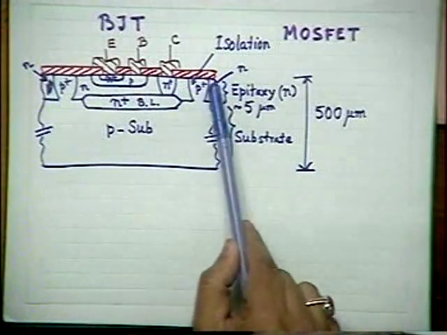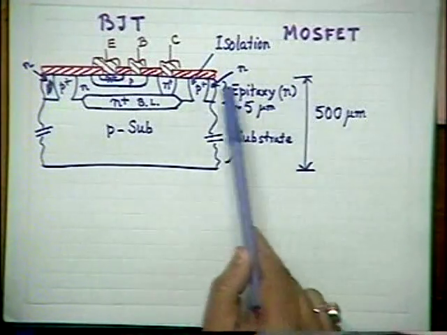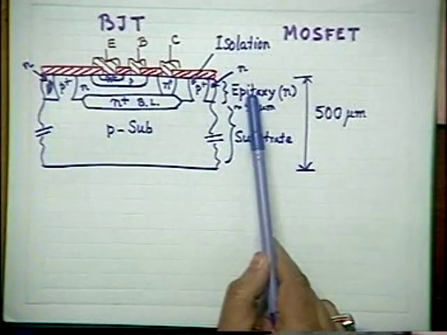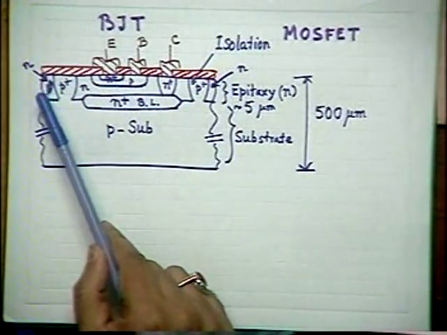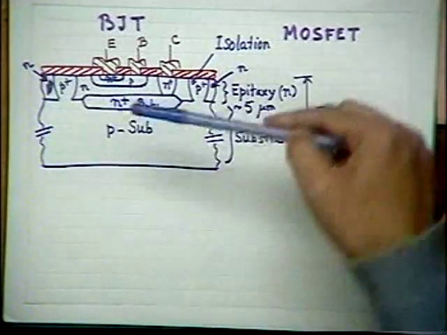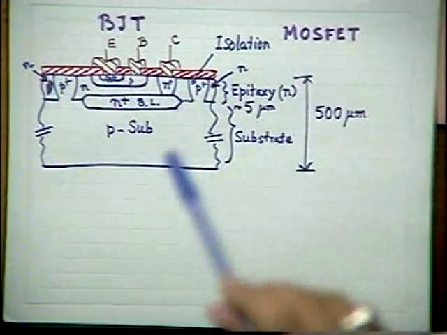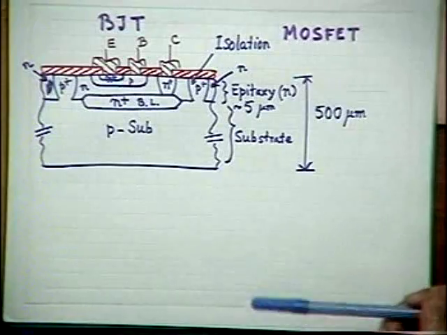On the right hand side, one N-type island which I have shown only partially. On the left hand side, there is another N-type island which I have also shown partially. Similarly, out of the figure and down from the figure, perpendicular to the plane of the figure, there are also N-type islands.